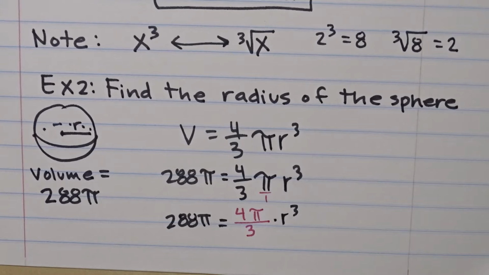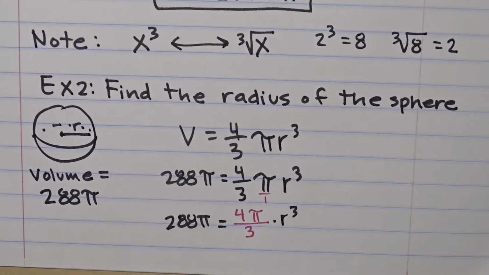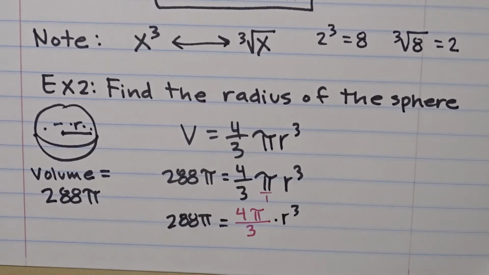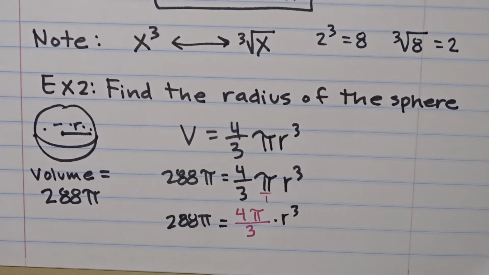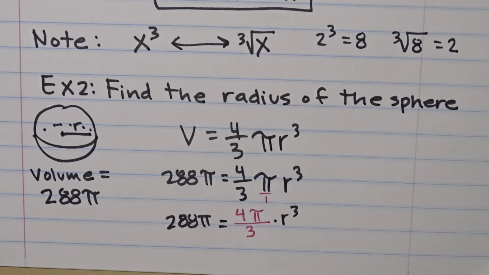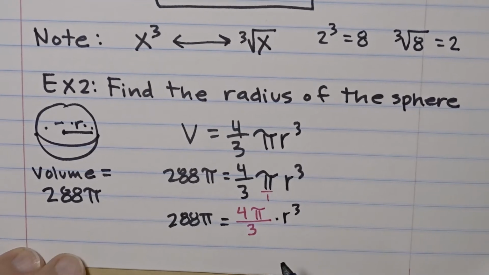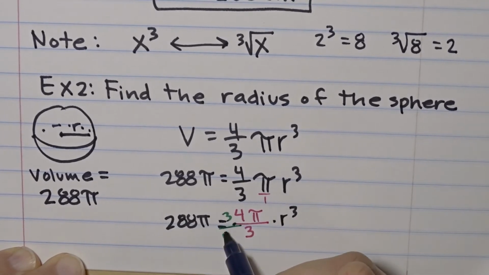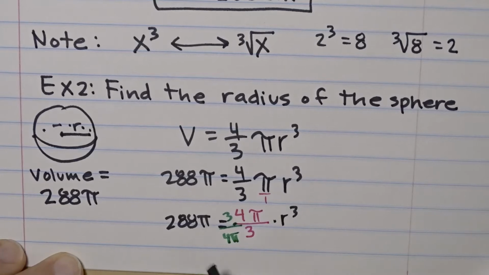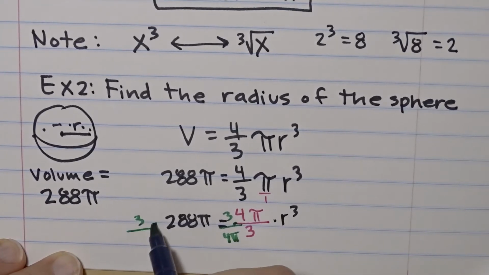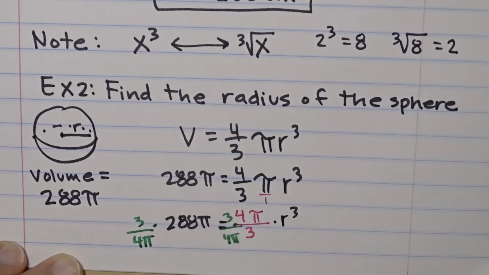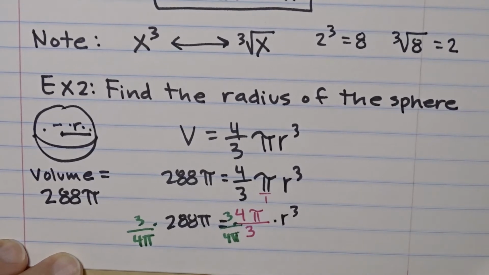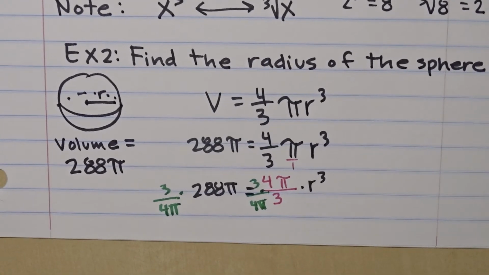Now, if you can recall, what can I do to get rid of a fraction? There's a rule that we've done before that helps me eliminate the fraction instantly and wipe it out. And that is to use the reciprocal. So what I'm going to do is I'm going to multiply this by 3 over 4 pi. I do to one side, I do to the other. Okay, so let me zoom that in.